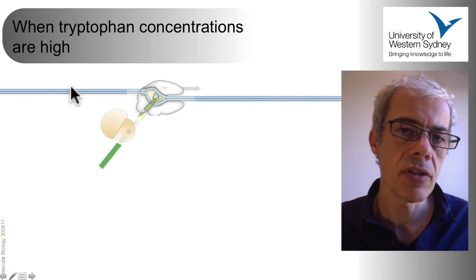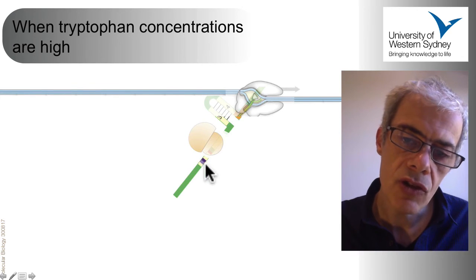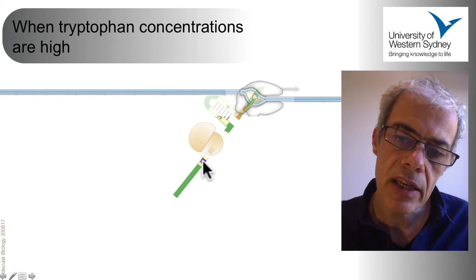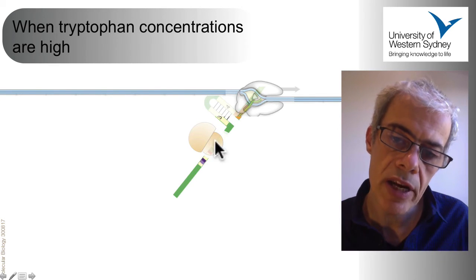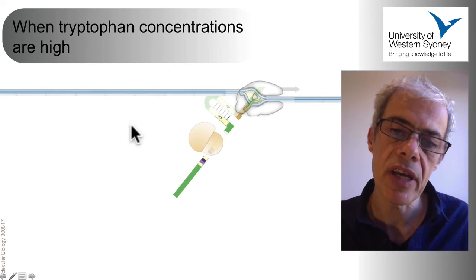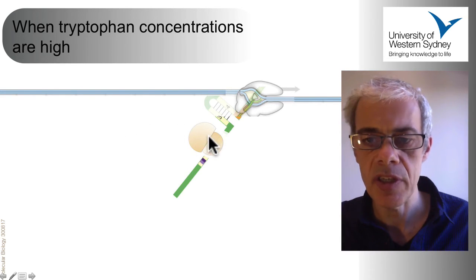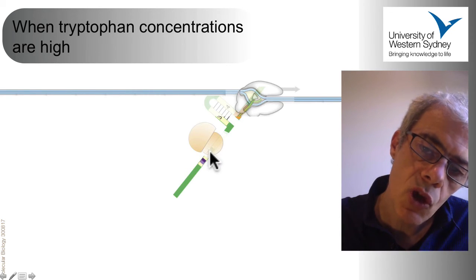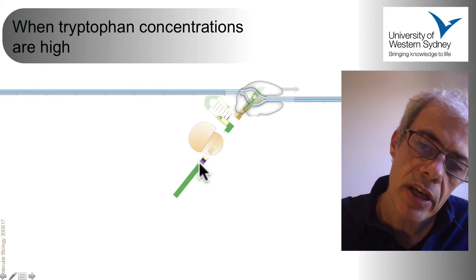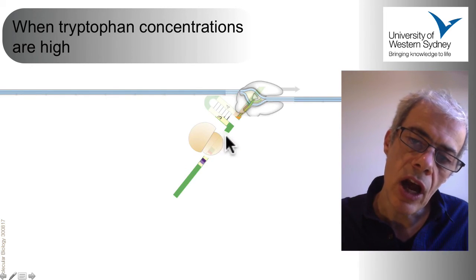Now, under conditions where concentrations of tryptophan are high, these trp residues can easily be translated. So the ribosome can read through these trp residues because it has charged trp tRNAs that can come in and make the protein. So effectively, the ribosome can read through to the stop codon of this very small gene, and it causes it to pause and overlap region 2.